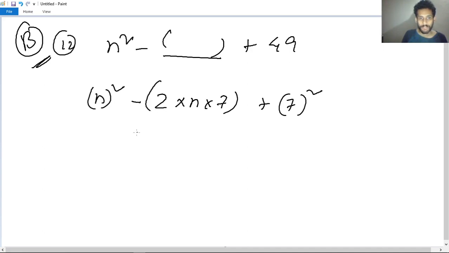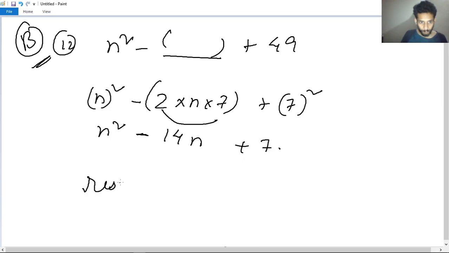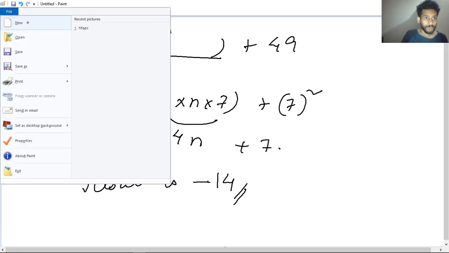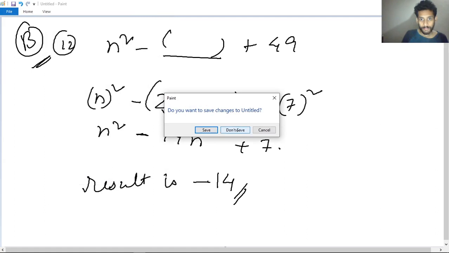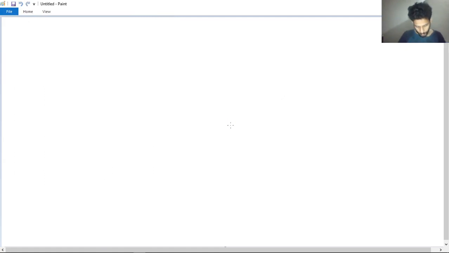If I multiply all this, 2 7s are 14n. So the result is minus 14n.